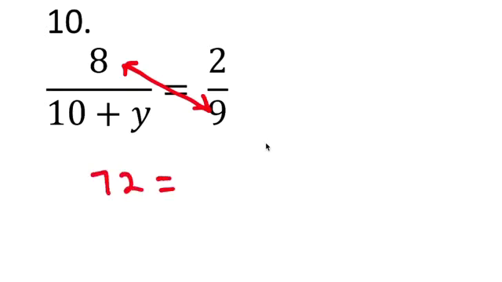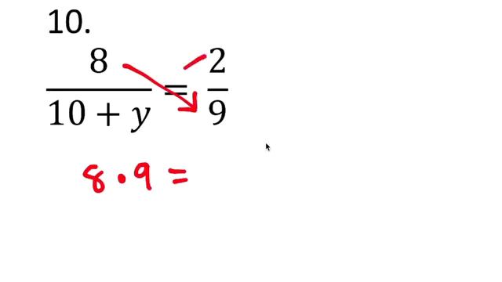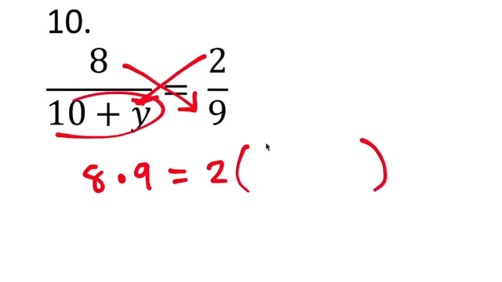72 equals, you multiply diagonally. This is 2 times. So let me do the steps. Okay, you multiply diagonally. 8 times 9 or 9 times 8, doesn't matter. Equals, here's 2 times that, 2 times the whole thing.